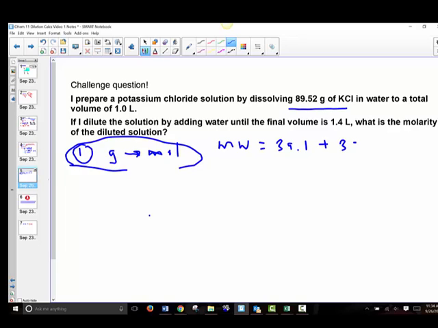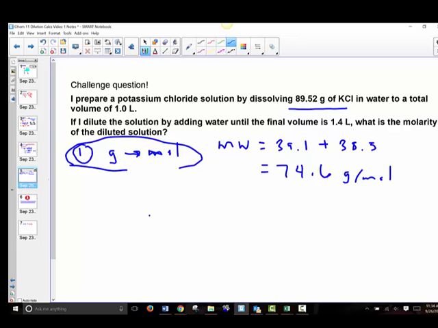And in this compound, there is only 1 atom of potassium and 1 atom of chlorine in every particle of this compound. So we can add those together, and our molar mass is going to be 74.6 grams per mole. Let's not forget our units because they're going to be really helpful when we convert. So there's the molar mass.